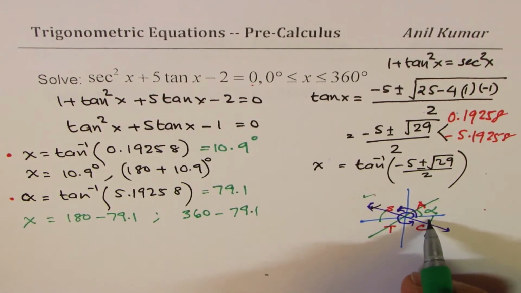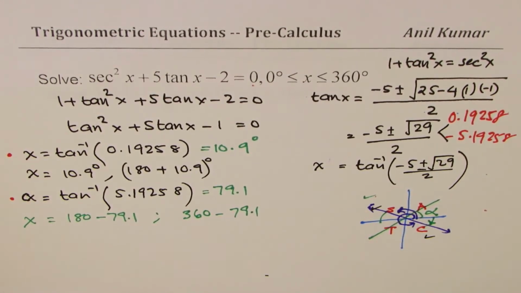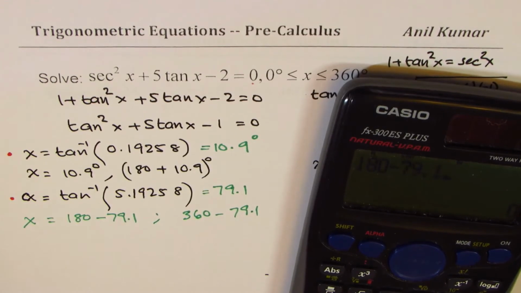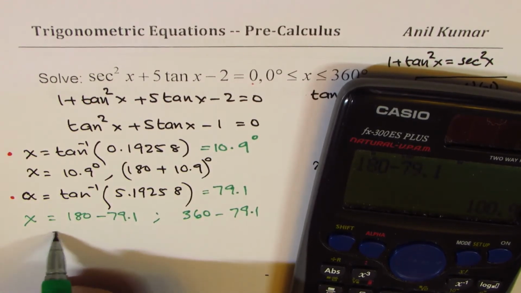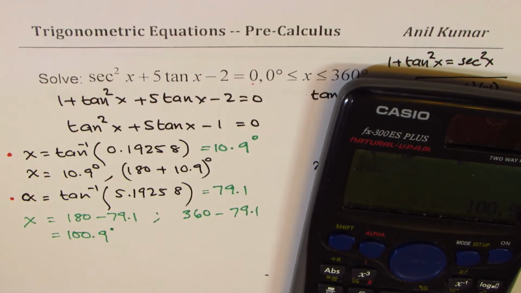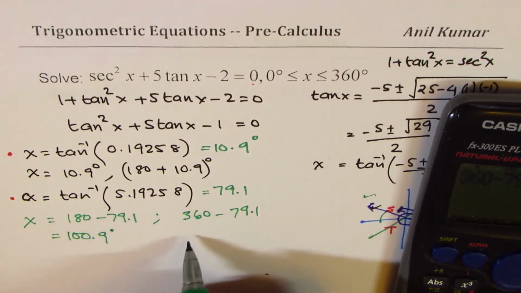This is the acute angle alpha. You get the idea, right? So let's calculate. So we have 180 minus 79.1, which is equal to 100.9. And the other one is 360 minus 79.1, which is 280.9.